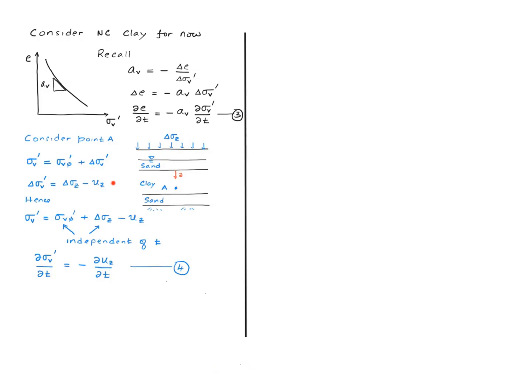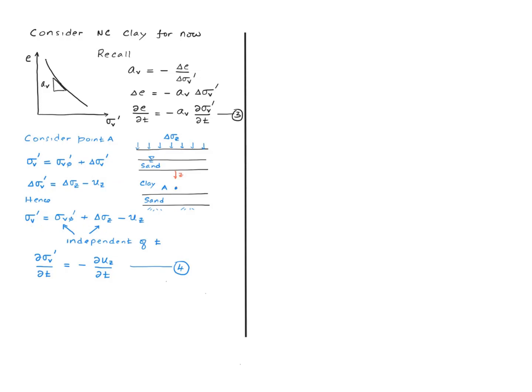Where did the change come from? Well, every time the excess pore water pressure dissipates, the vertical effective stress at that point increases. And therefore, the change in the vertical effective stress at that point at any given time equals delta sigma z minus uz, where uz is the excess pore water pressure at point A, right? We substitute this back in this equation, we have this equation.